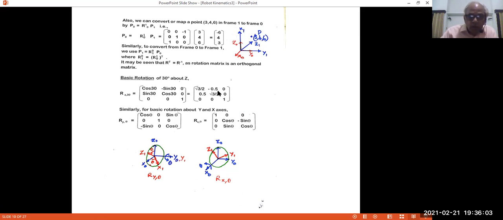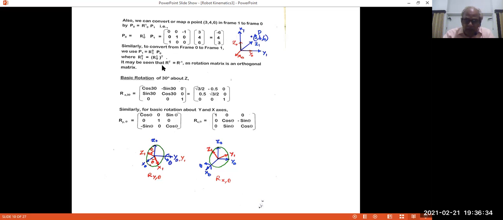Coming back to one more thing. Suppose I had minus 6, 4, 3 in frame 1, and I want to know what they are in frame 0. Well, then the conversion will have to use R01 instead of R10. That R10 happens to be the notation of frame 1 with respect to 0.